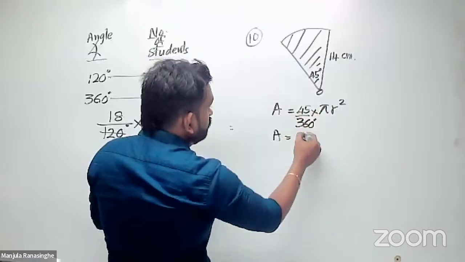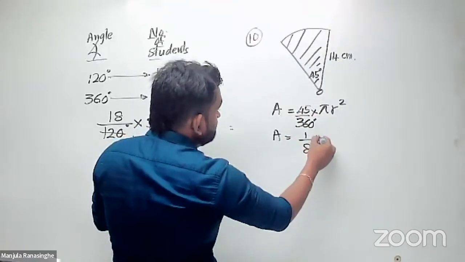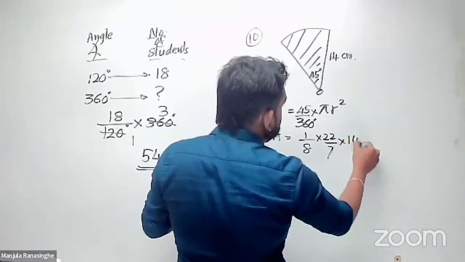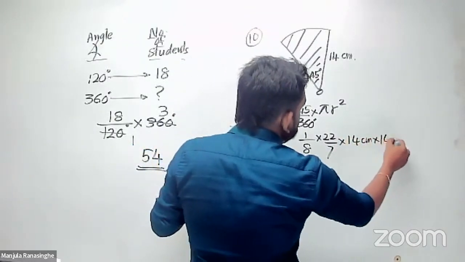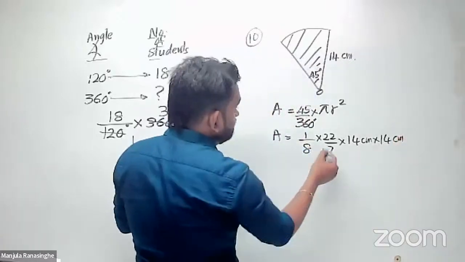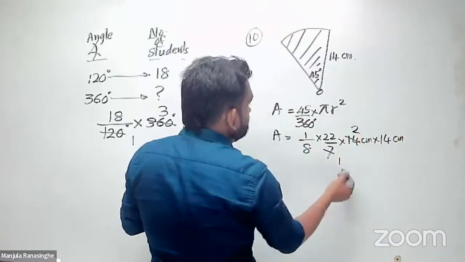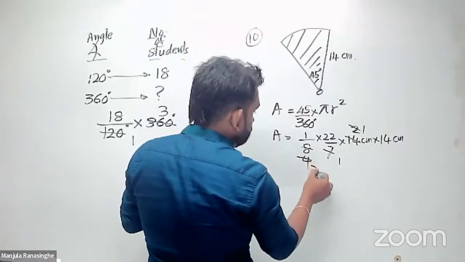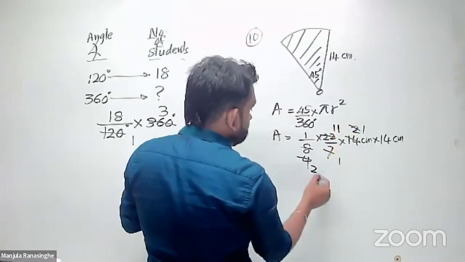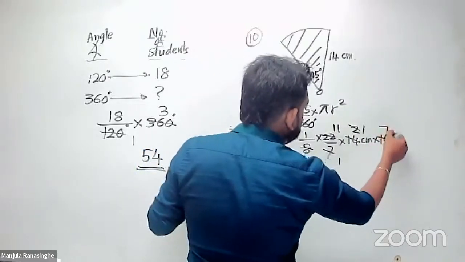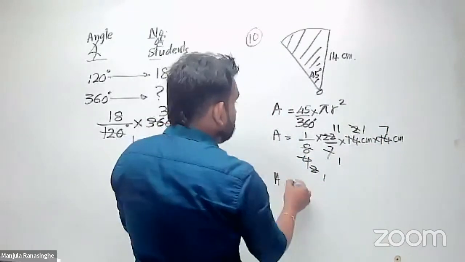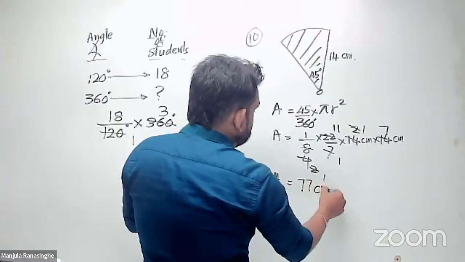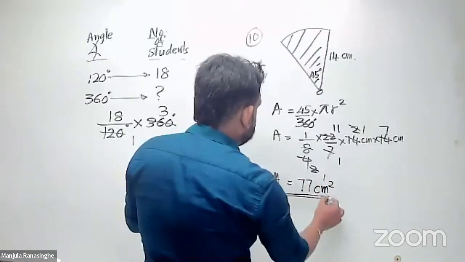You can simplify 45 over 360 to 1/8 into πr squared, with r being 14 into 14. Now simplify: 7 ones are 7, 7 twos are 14, then 2 ones are 2, 2 fours are 8, 2 twos are 4, 2 elevens are 22, then 2 ones, 2 sevens. Finally it equals 11 into 7, 77 square centimeters.